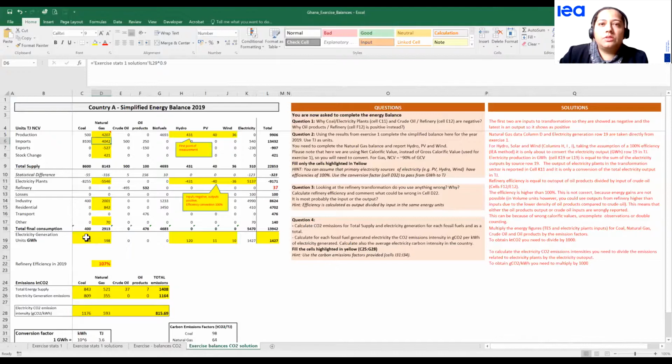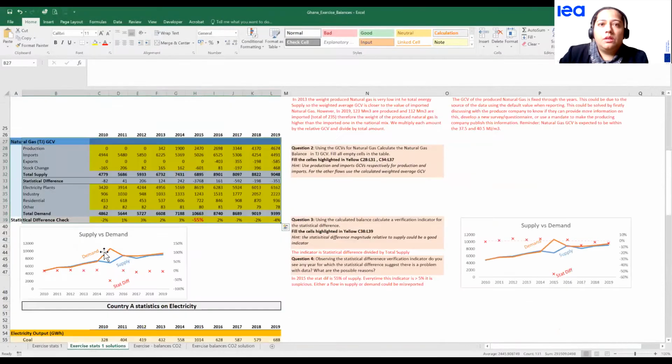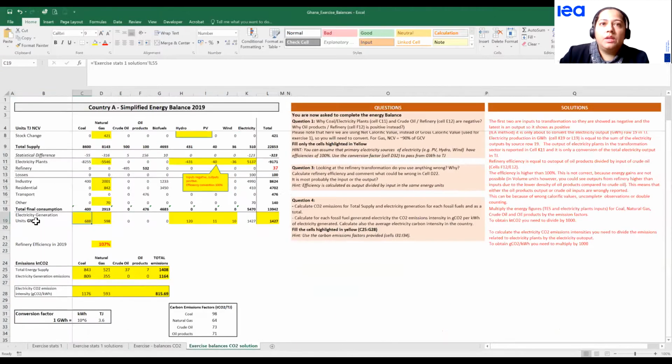So for natural gas, it's easy. Then for electricity, you will link to the table on electricity. So for 2019 coal, it's 688. Here the unit is gigawatt hours, and it's just equal to that number.